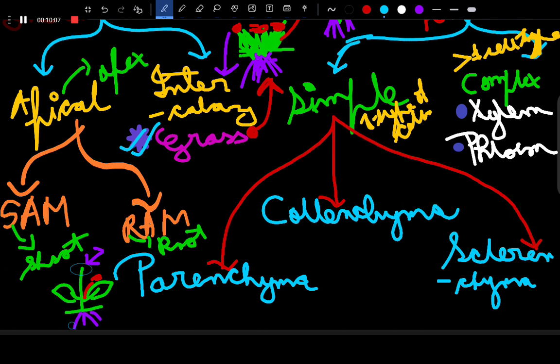Xylem and phloem are each made of 4 parts. If you wish, let me tell you that xylem is made of xylem fiber, xylem parenchyma, then tracheids and vessels, whereas phloem is made up of, again, phloem fiber, phloem parenchyma, and in place of tracheids and vessels, which are actually water transport elements, they have the sieve tube and another thing named companion cells.